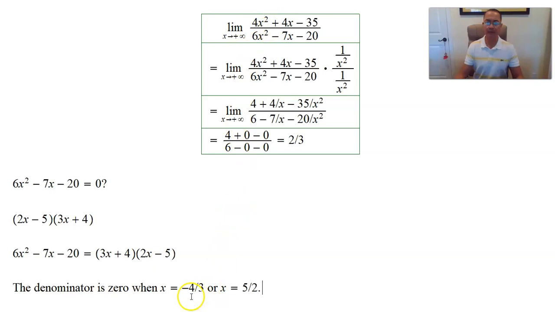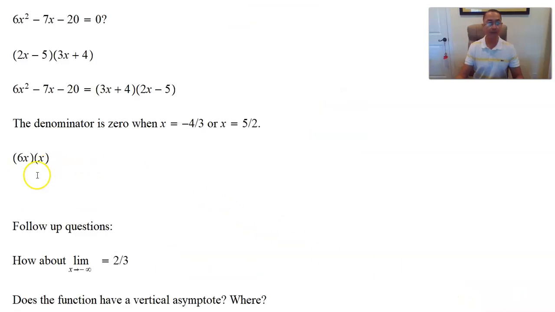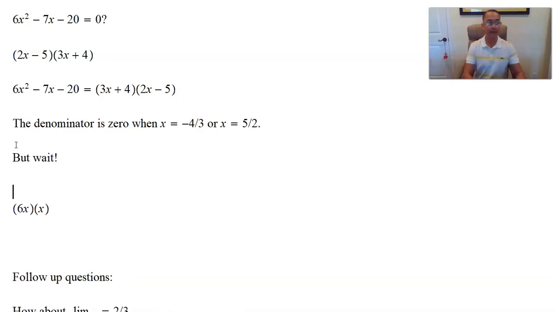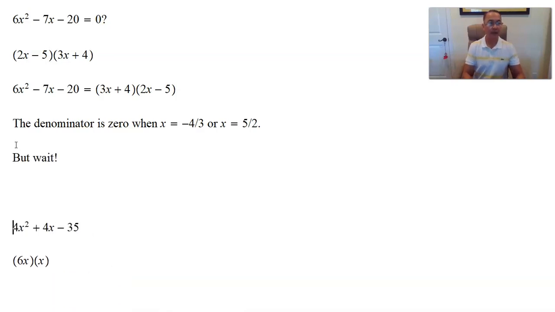What happens if we plug in negative 4/3 or positive 5/2 into the numerator? Let's make a copy here. But wait. What is the value of the numerator at these 2 points?